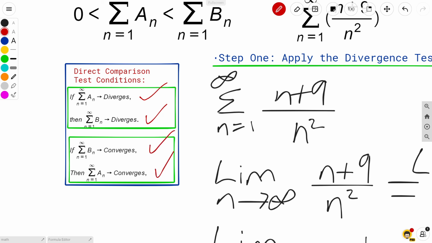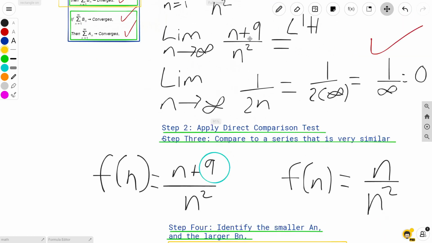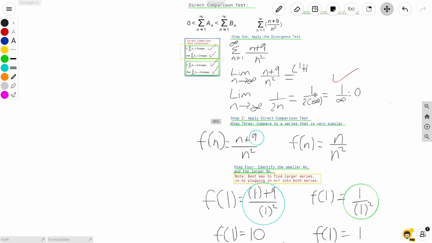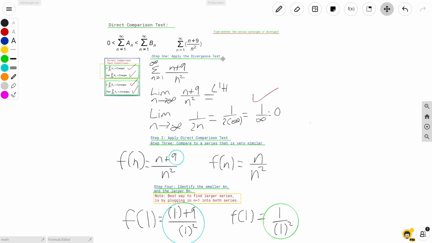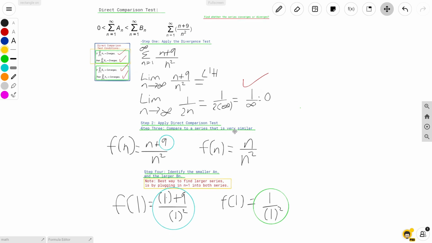So in this case, the smaller A sub n diverges by harmonic series, or 1 over n by p-series. So therefore, the larger one also diverges. And that's how we apply the direct comparison test. So step 1, apply divergence test. If it's inconclusive, which it was in this case, then we apply the direct comparison test.